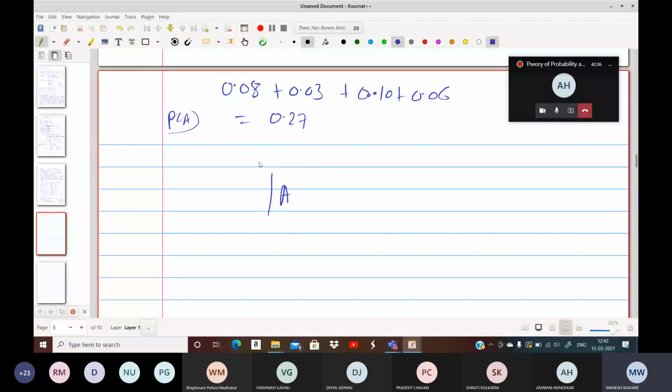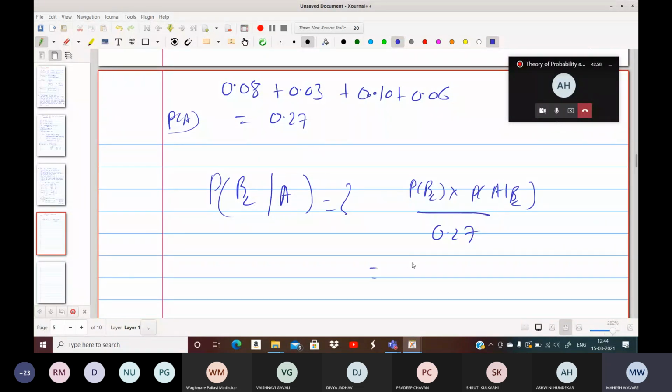So 0.27 is already known to you. This is the probability of B2 multiplied by the probability of A conditional on B2. The answer at location 2 is 0.03 upon 0.27, so 3 by 27.